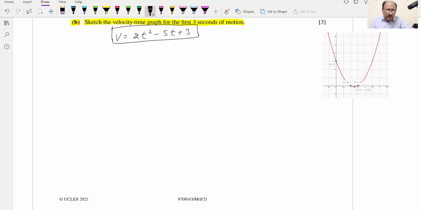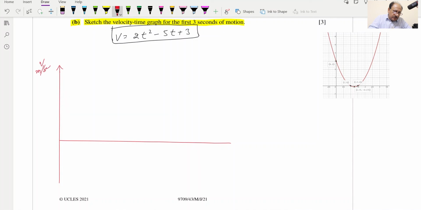So this is the equation which we will be utilizing. To sketch this curve, we can draw coordinate axes like this one, and this will be the velocity time graph. This will be the velocity side, in meter per second, and this will be the time side, in seconds. This will be the origin, or 0, 0 location.